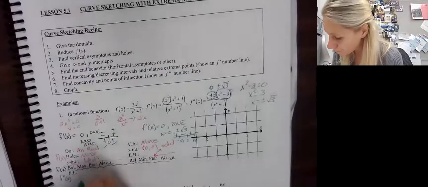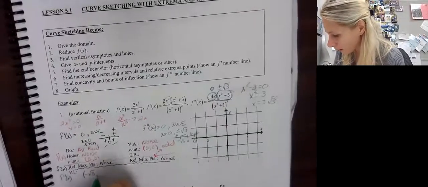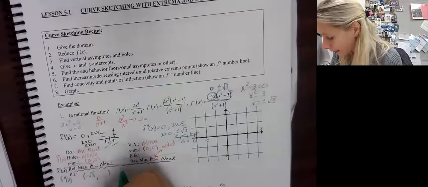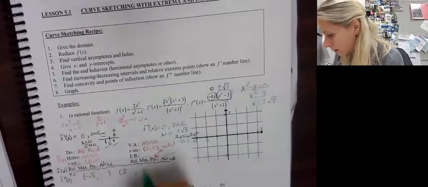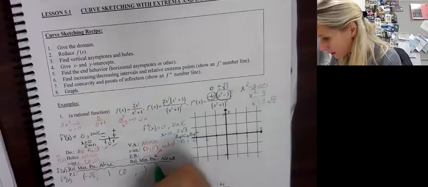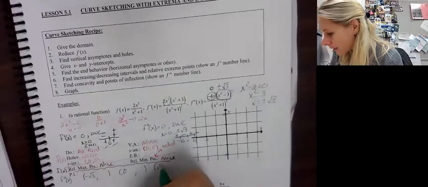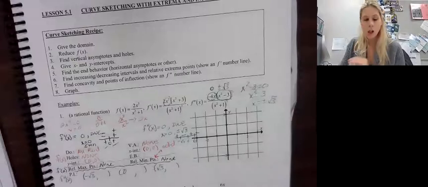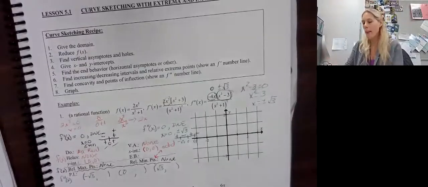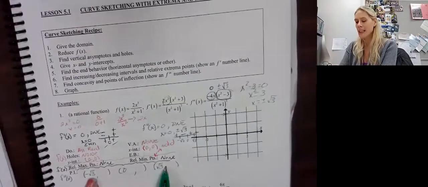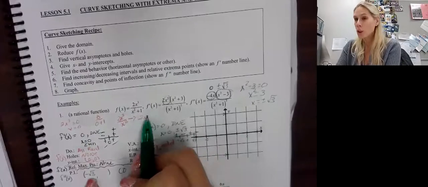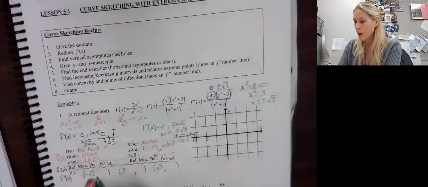So we have a change in concavity at negative square root of 3, at 0, and at square root of 3. Now, points of inflection are coordinate pairs. So what happens is we have to put in these x values to the original problem to get the y values.